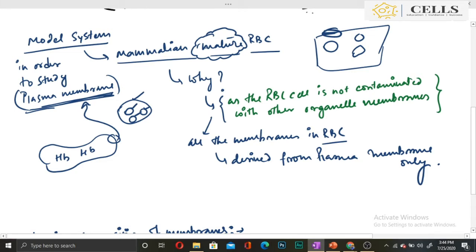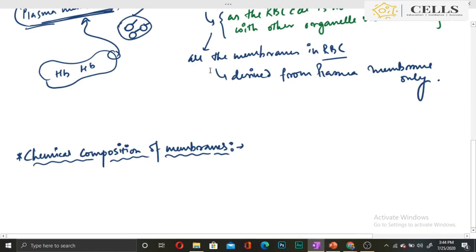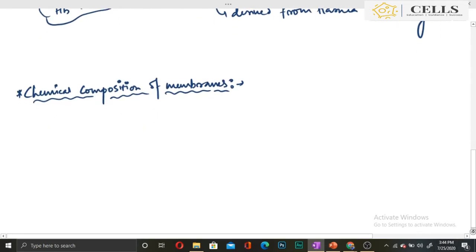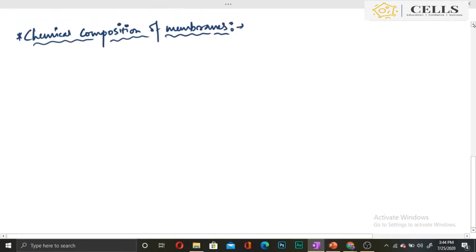Very good. Now, the chemical composition of the membranes. Suppose we are talking about the case of RBCs.